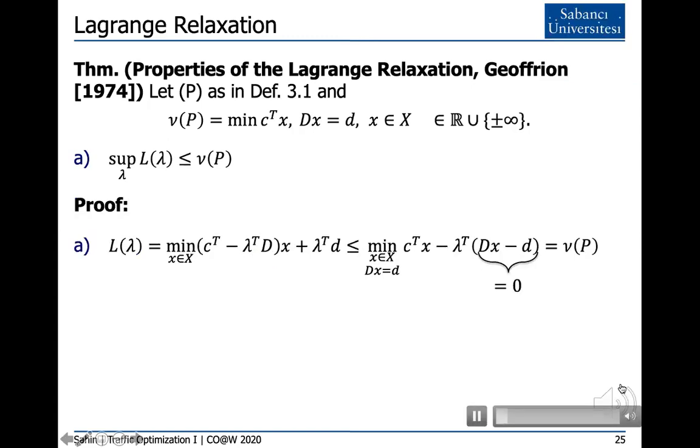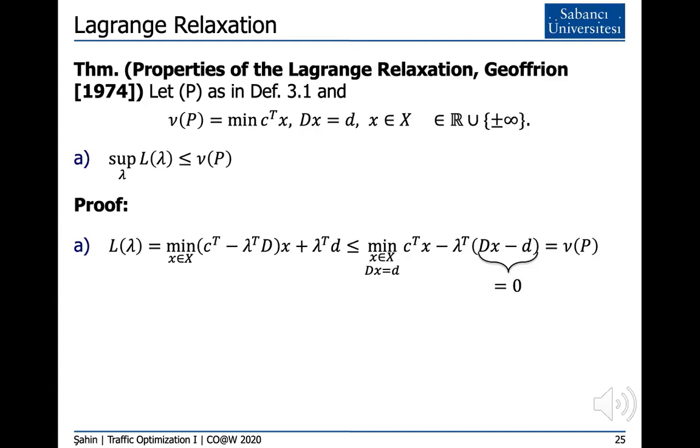The first property states that the Lagrange function provides a lower bound for the optimal objective of the original problem. Let us take some vector lambda of Lagrange multipliers and look at the associated relaxation. The Lagrange relaxation lets us optimize over all elements of X. If we only optimize over those that satisfy the complicating constraints, the slack and hence the penalty will be 0.